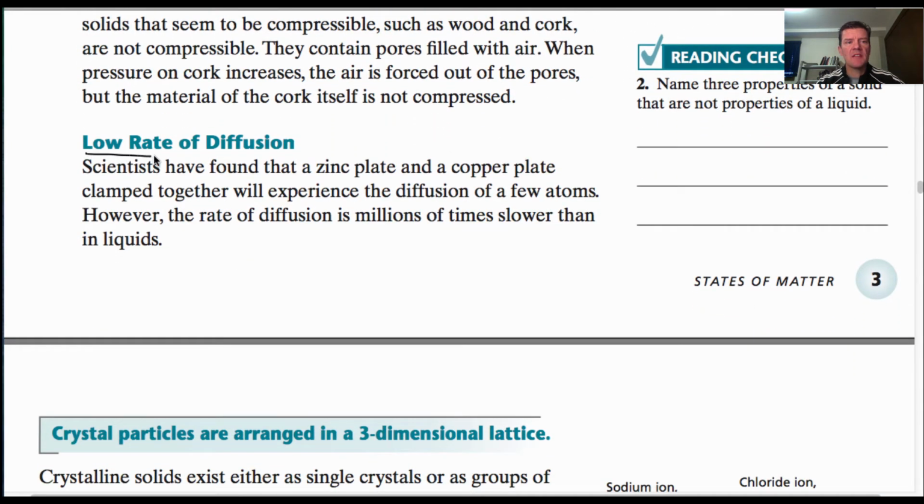And solids have a very low rate of diffusion. Remember, diffusion is the mixing of particles. Very, very low. It can happen, though. It says here that scientists have found that when you put a zinc plate and a copper plate and press them together, this is the zinc, this is the copper, there is going to be a slow movement of zinc particles and copper particles into the other plate.